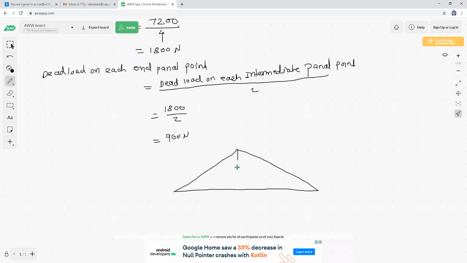So this is the Pratt truss, this is the rise, 1, 2, 3 and 4 panels. Similarly again 1, 2, 3 and 4. So here 5 panels are there.